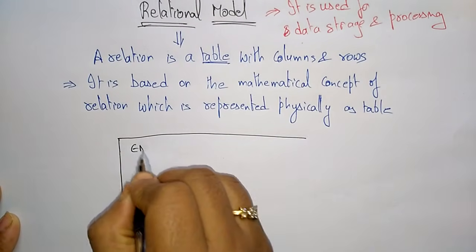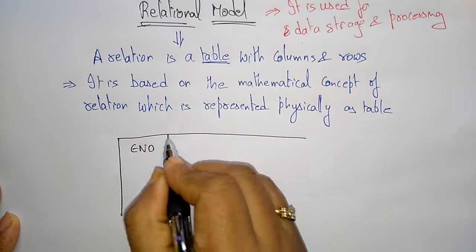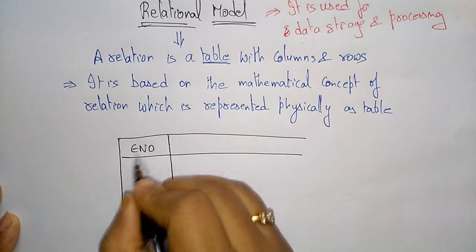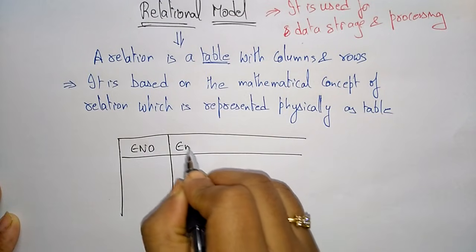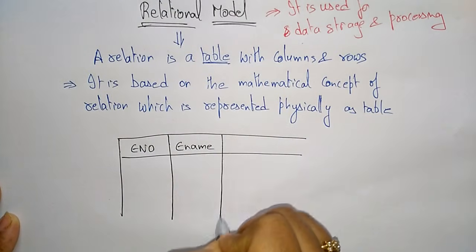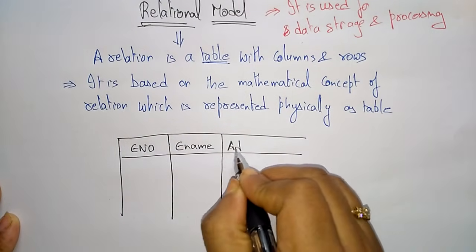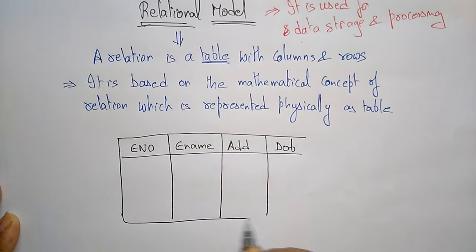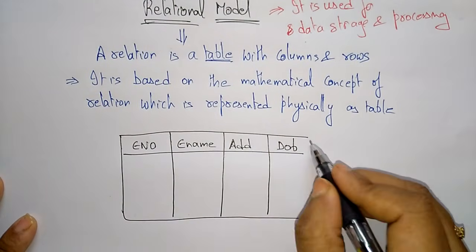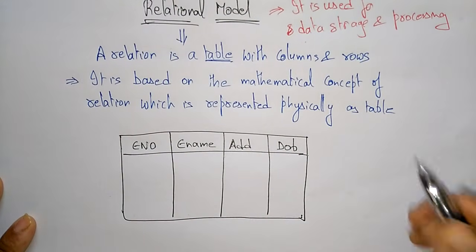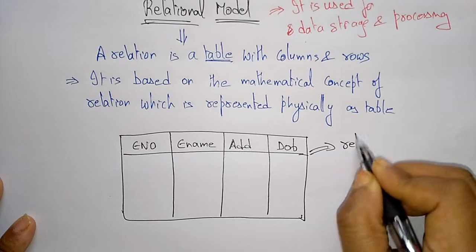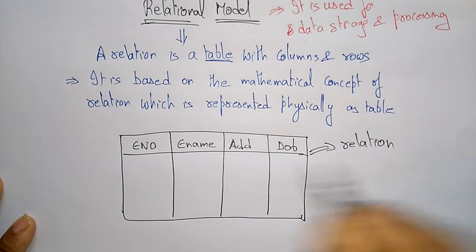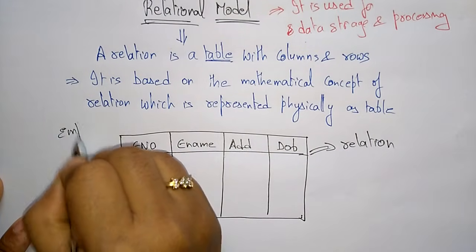This table consists of fields. The fields are also called attributes: employee number, employee name, address, date of birth. This is a table, which means it is a relation. The table name is employee.